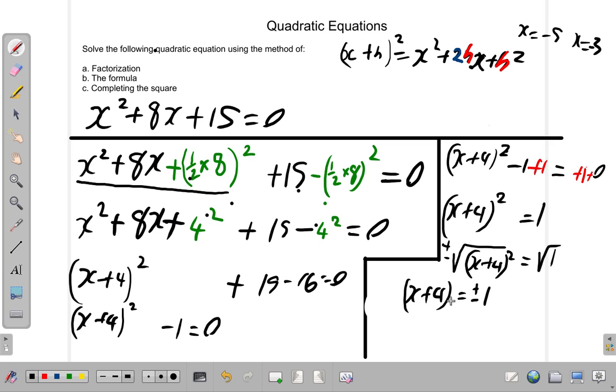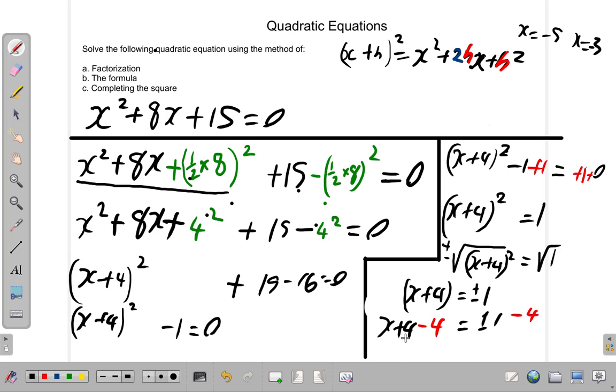Now, what you do is subtract 4. x plus 4 equals plus or minus 1. Then you subtract 4 to get rid of it on the left hand side, so you have x alone on the left. But whatever you subtract on the left, you must also subtract on the right.